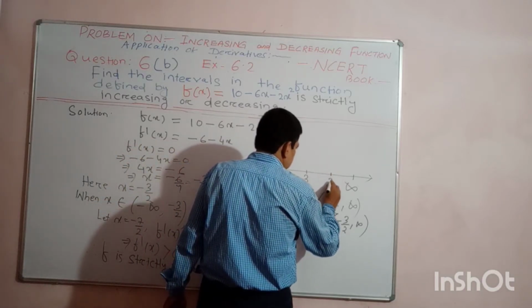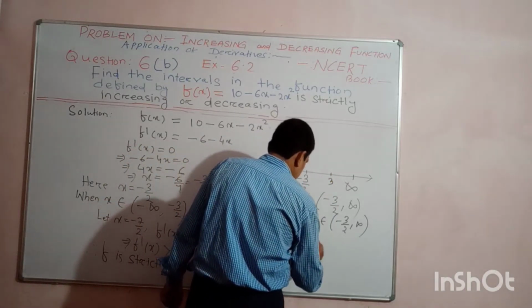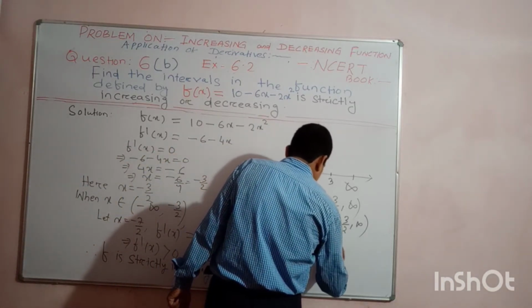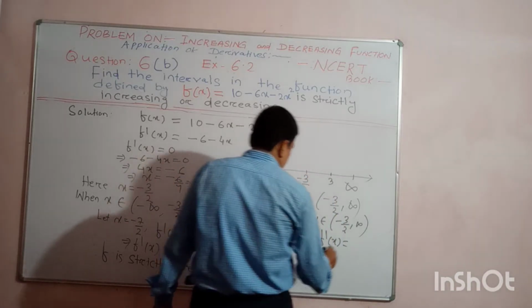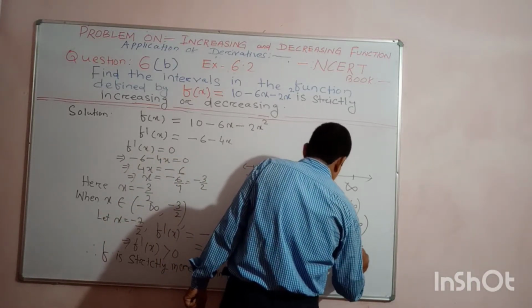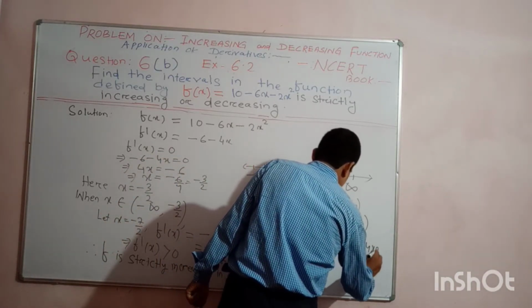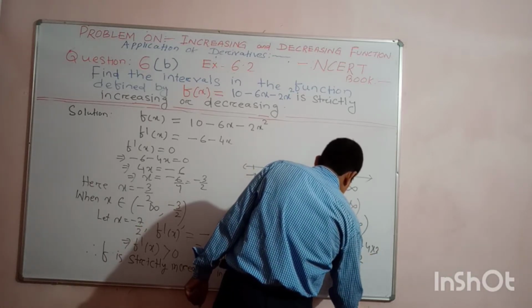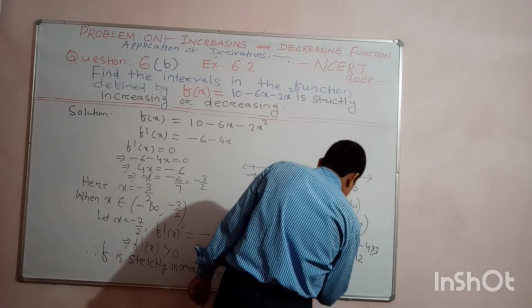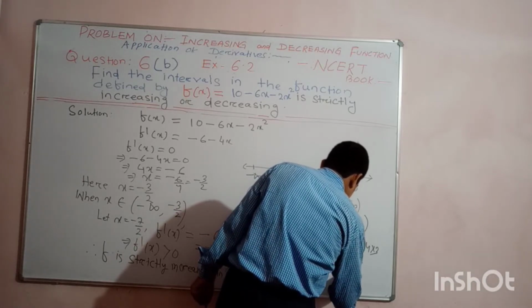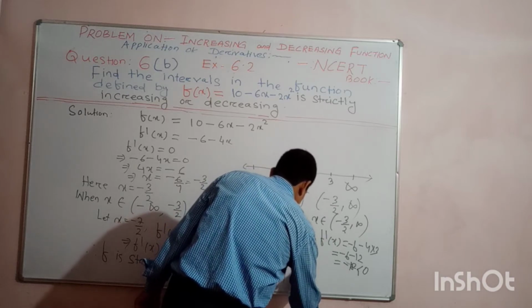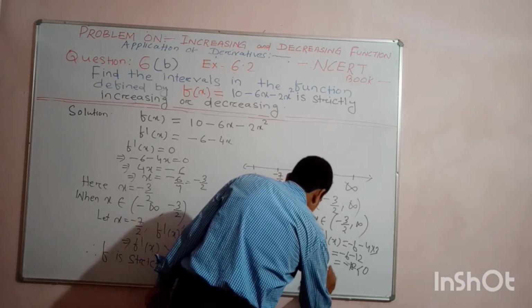Suppose I take 3. Then what is the value of f dash x? f dash x is equal to minus 6 minus 4 into 3, which is minus 6 minus 12, that is minus 18. This is less than 0. That implies f dash x is less than 0.